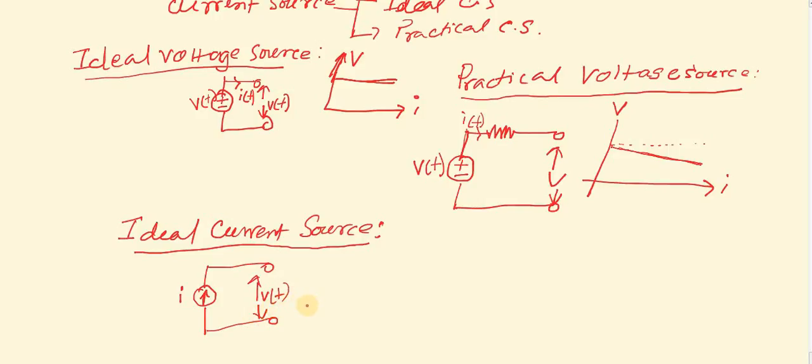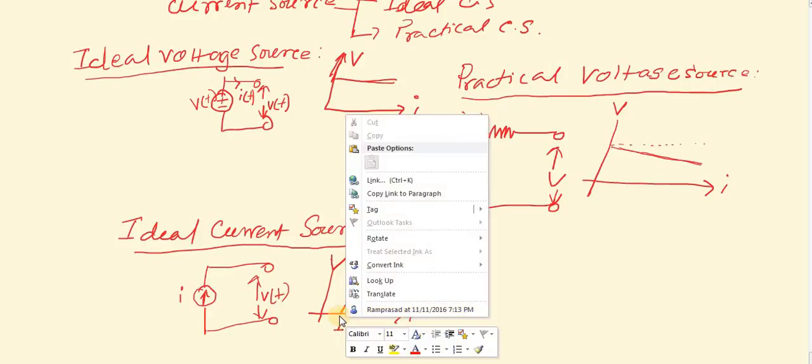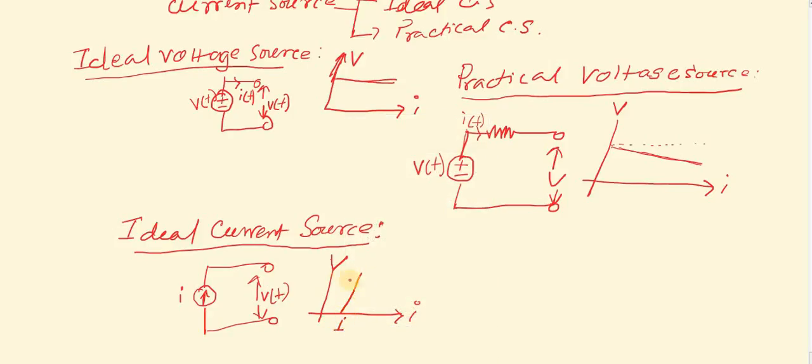Whatever the voltage value, the current is completely independent. That is why it is an ideal current source. And in this case also, the voltage-current relationship will be like this. This is a straight line at this value of current I. So in an ideal current source, the current value remains constant.